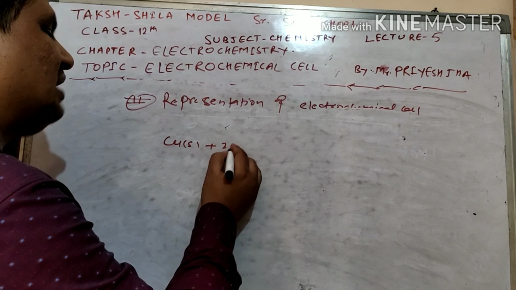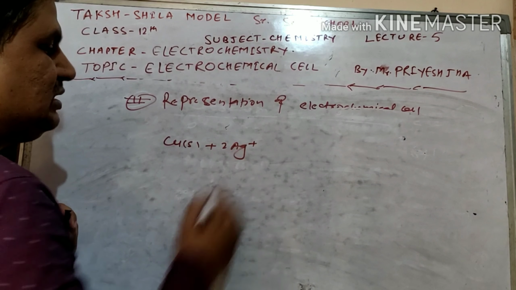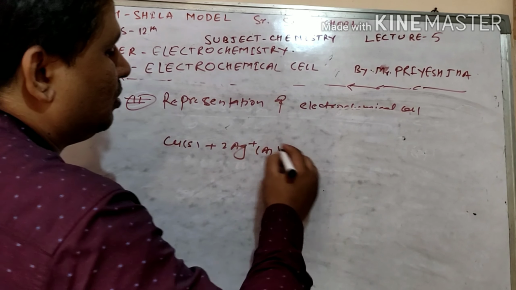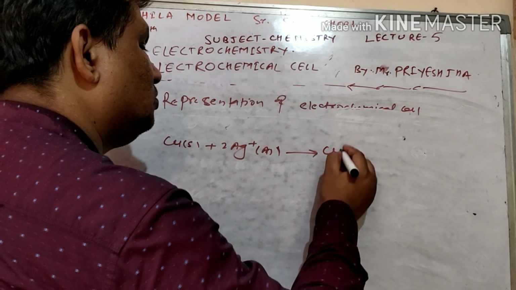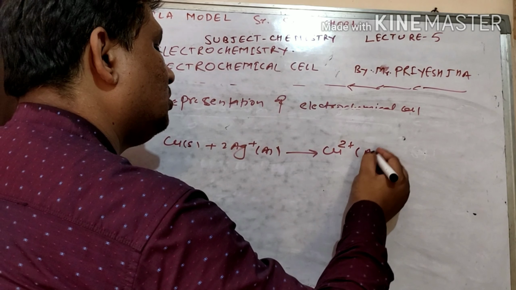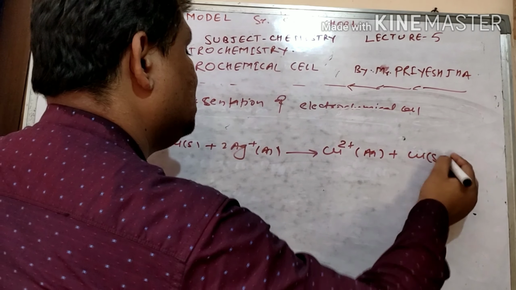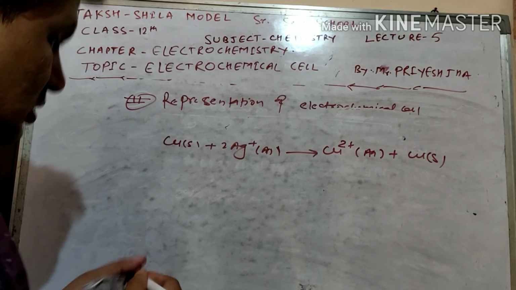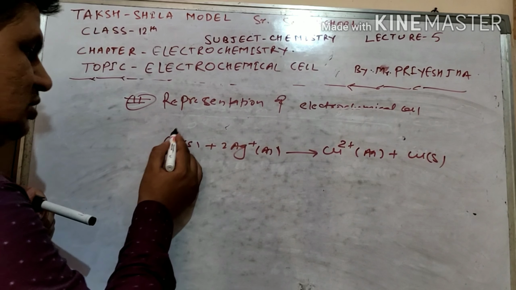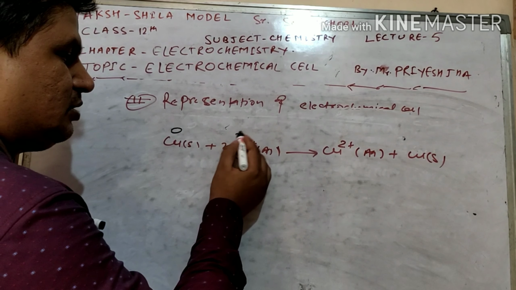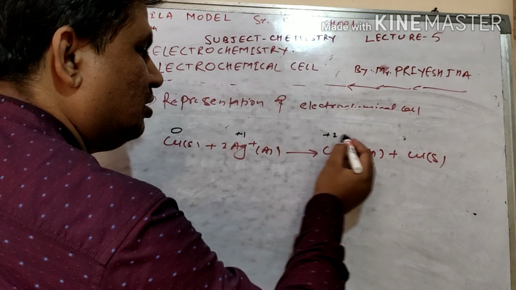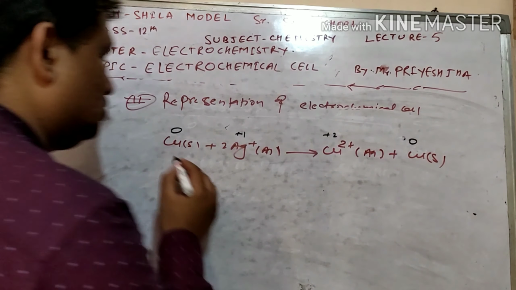For example, take another example: Cu plus 2Ag+ converted into Cu2+ plus Ag. In this, the oxidation states are zero, plus 1, plus 2, 0.